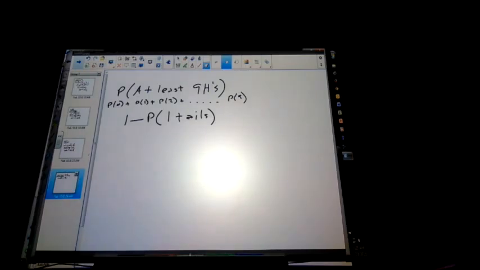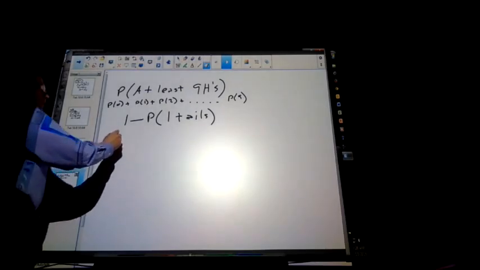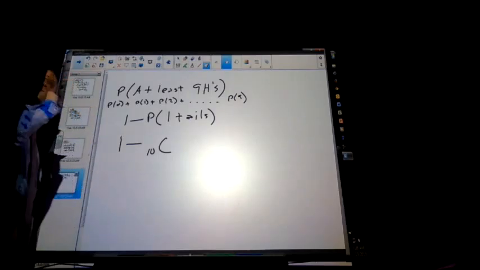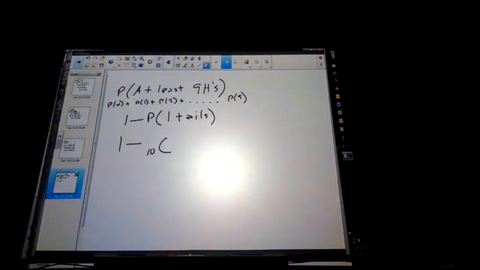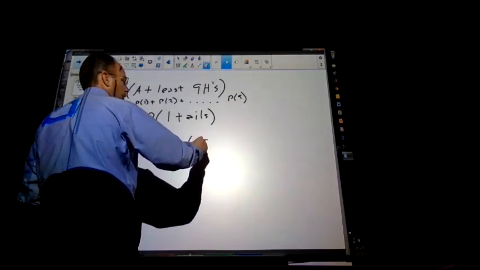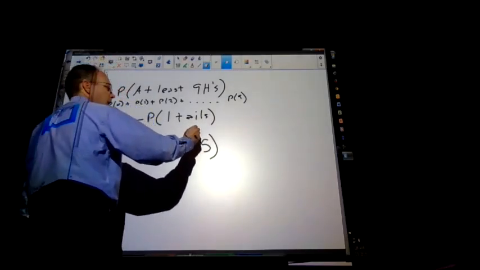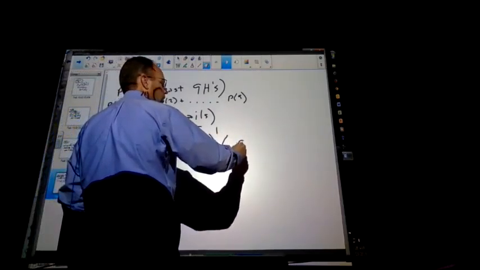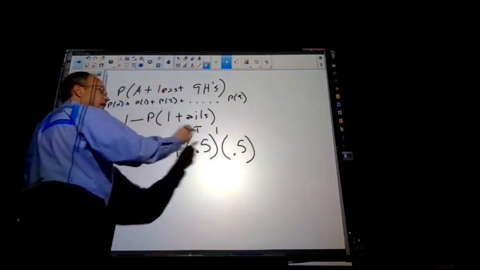So how are we going to do that? So 1 minus 10 choose, look at the tails, 10 choose 1. Probability of a tails to the first power. Probability of a heads to what power? 9.